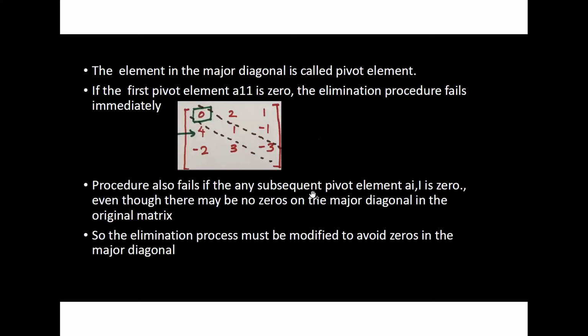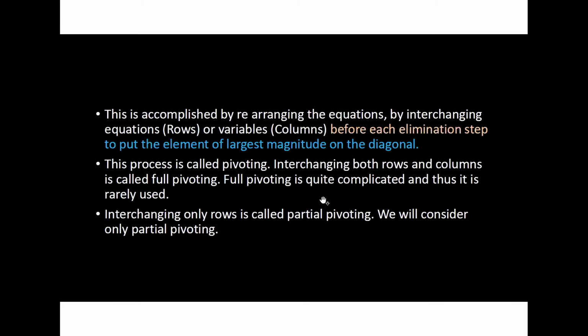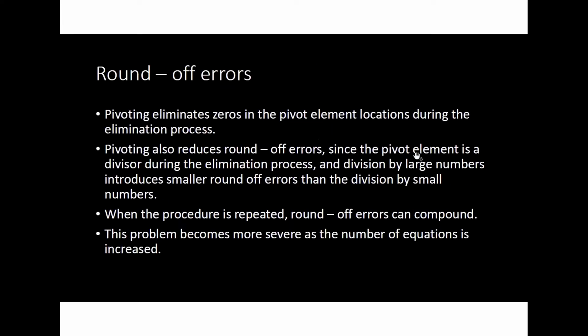So even if somewhere in the matrices pivoting is not required, if the element in the major diagonal is small compared to other elements, then round-off errors are likely to happen. Because we are going to use so many elimination steps, this error should compound.